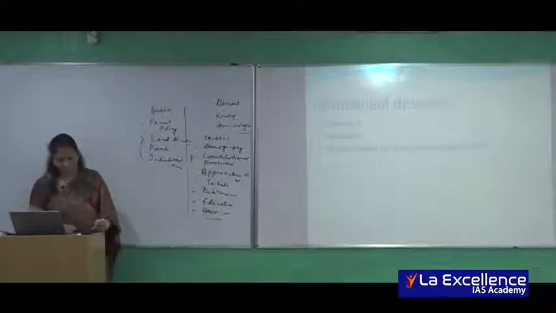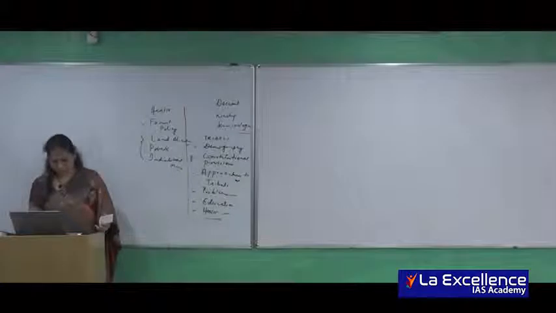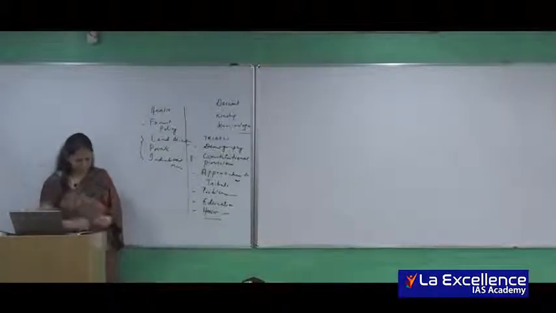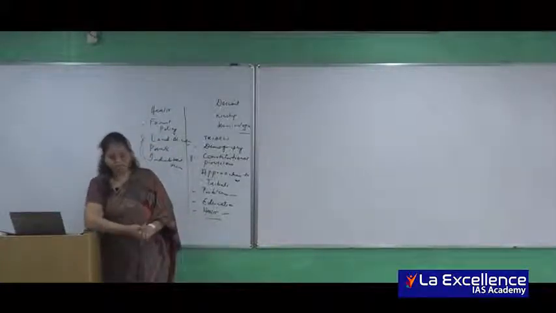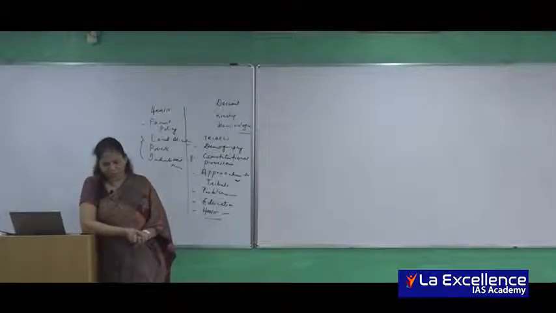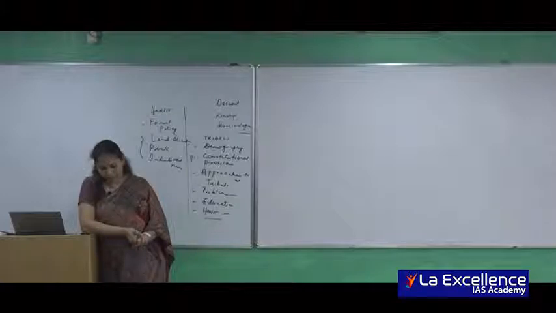Go to parallel descent. The rarest form of descent, where female traces her descent through maternal line, and male through paternal line.